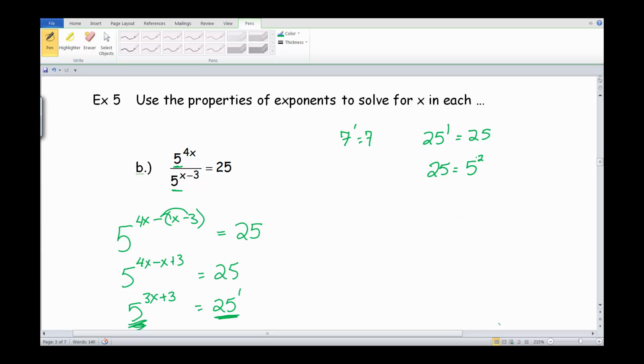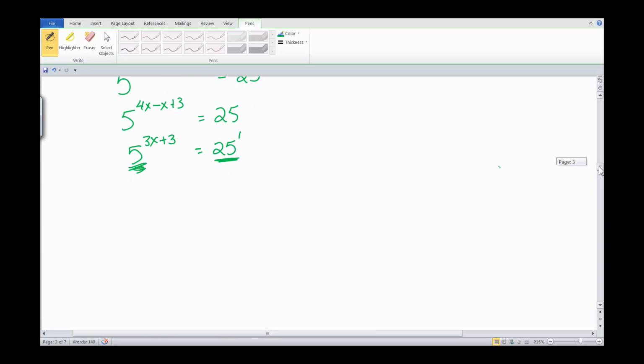So 5 squared, again, is the same thing as 25. We can rewrite this so that it has the base that we're looking for. So we have 5 raised to the 3x plus 3 on the left side, which hasn't changed, equals, instead of 25, 5 squared, and even that's really raised to the first power.